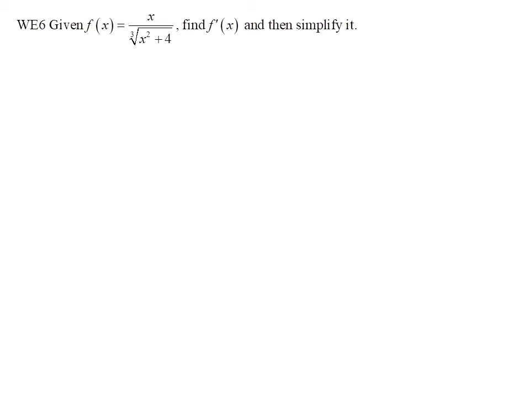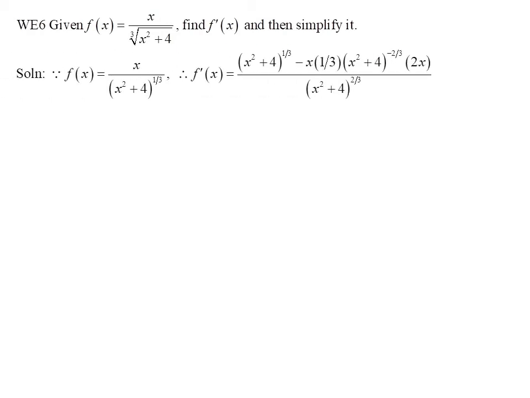Example 6 is to find the derivative of f(x), then simplify it, given that f(x) equals x over the cube root of (x² + 4). So its derivative equals [(x² + 4)^(1/3) − x times 1/3 times (x² + 4)^(−2/3) times 2x] over (x² + 4)^(2/3).